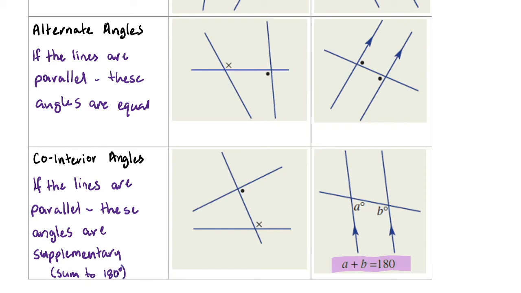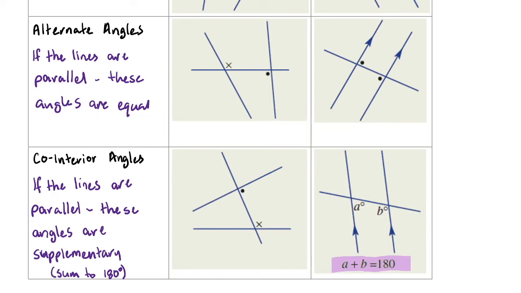That's what we talked about before in our previous video. Supplementary angles add up to 180. Co-interior angles do the same thing. Now those are the three lots of angles that we deal with.